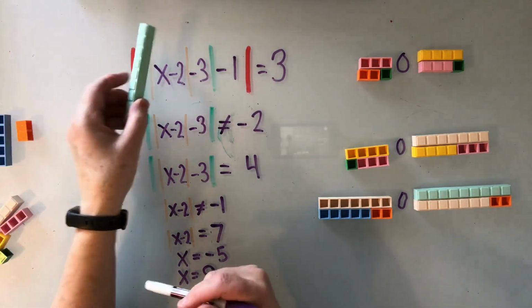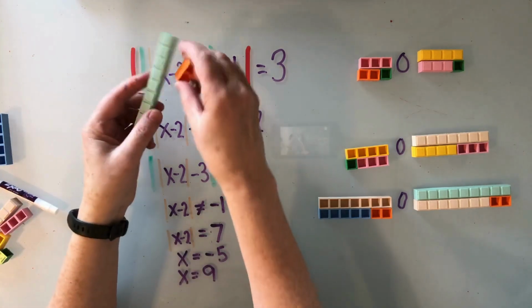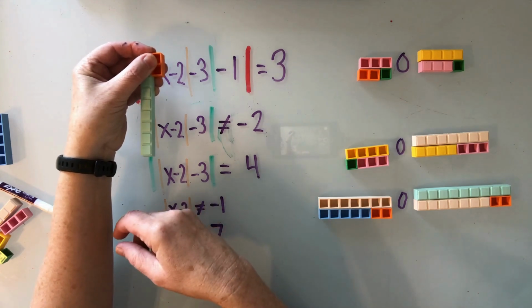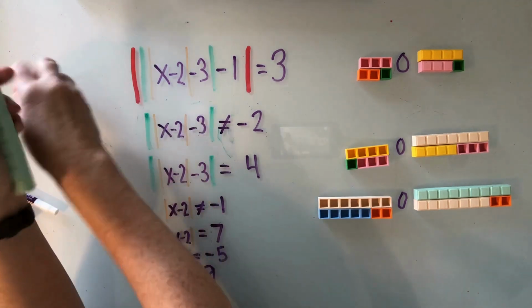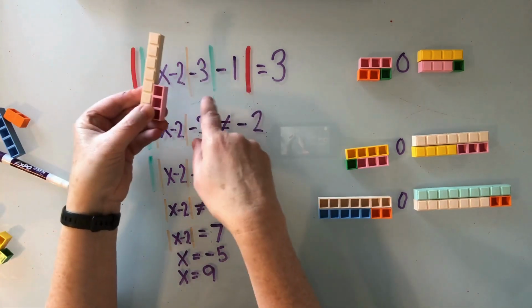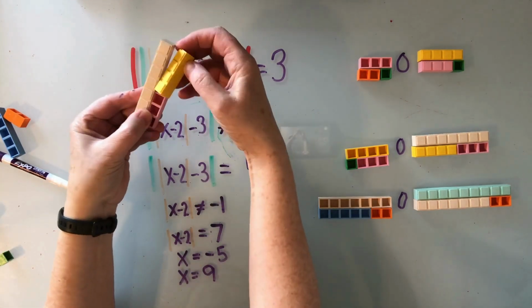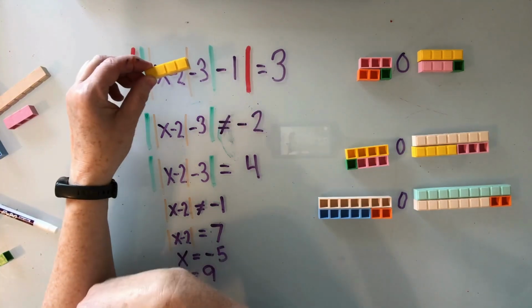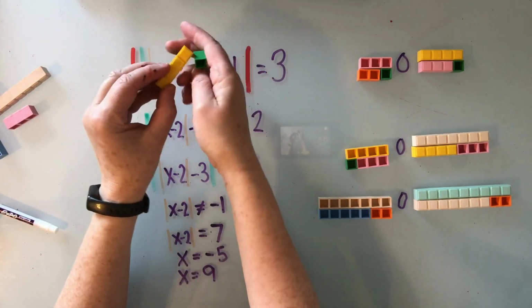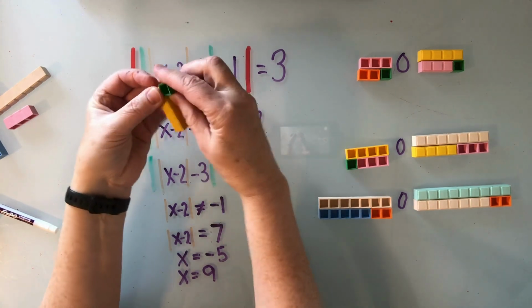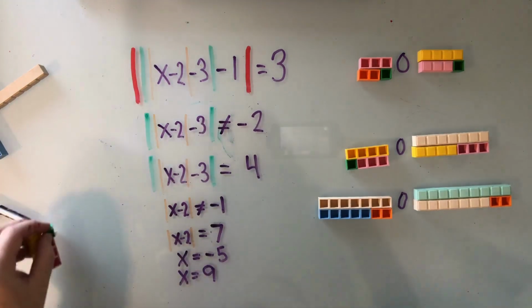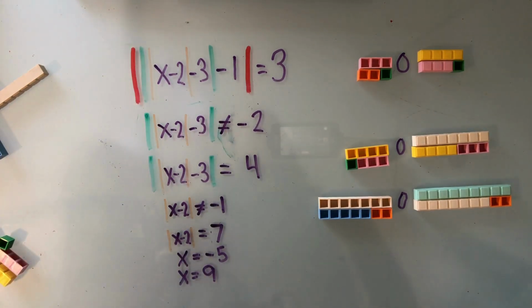And if we do 9 take away 2, that's 7, right? The absolute value of 7 is 7. 7 take away 3 is 4, and the absolute value of 4 is 4, and 4 take away 1 is 3, and the absolute value of that is 3. And so that's why it works.